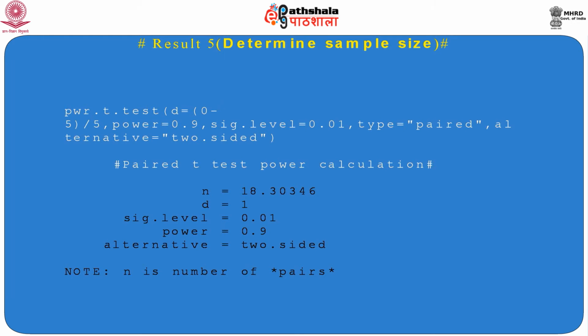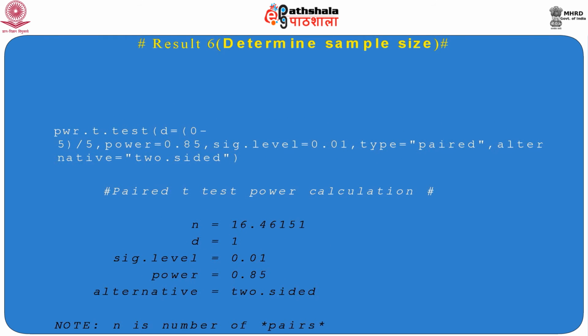So see, initially when our sample size was calculated with power equal to 0.9 and significance level 0.05, we got a sample size of 12.58. But now we just changed sig dot level to 0.01 from 0.05, so it increased, and the sample size also increased from 12.58 to 18.30.